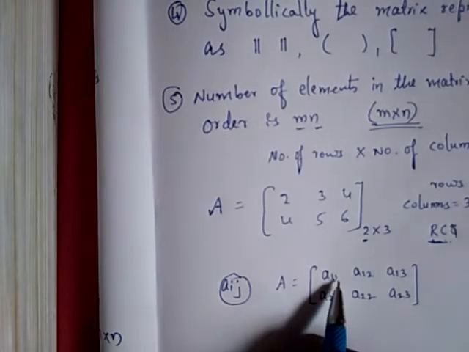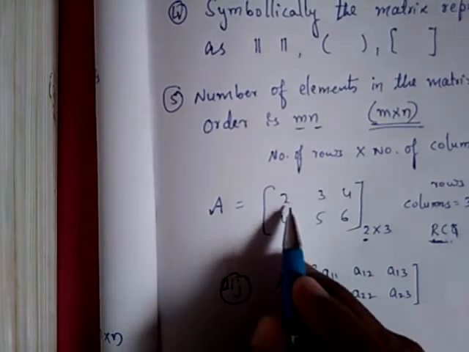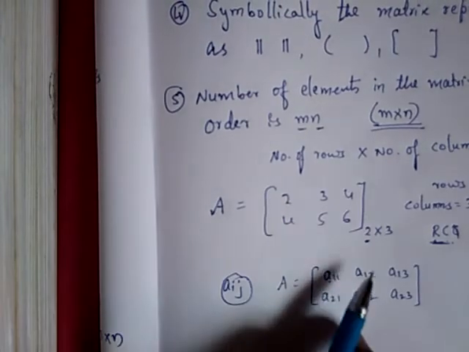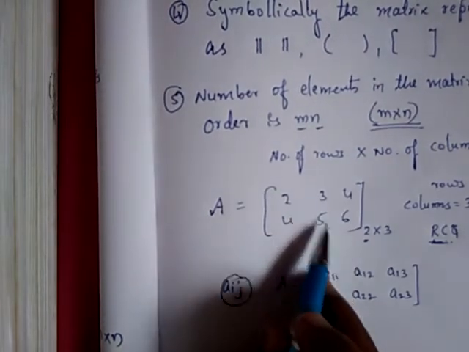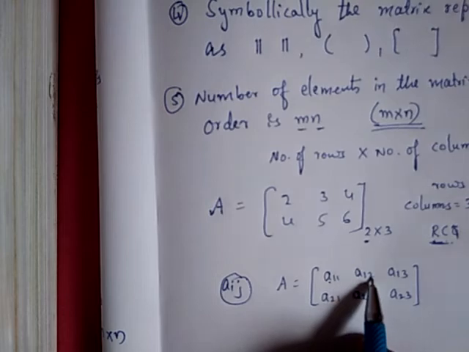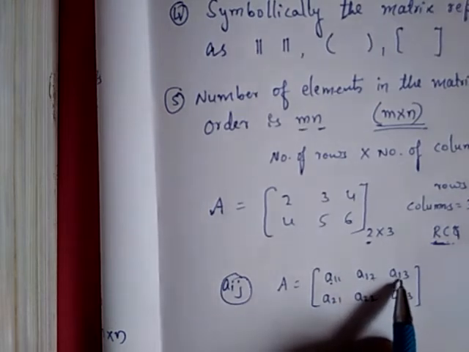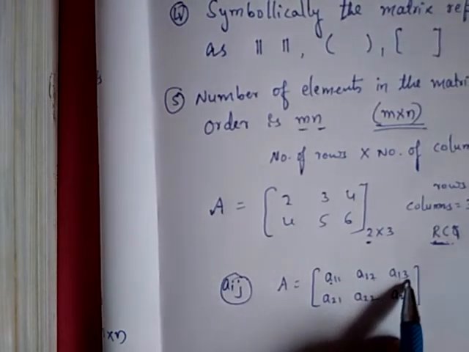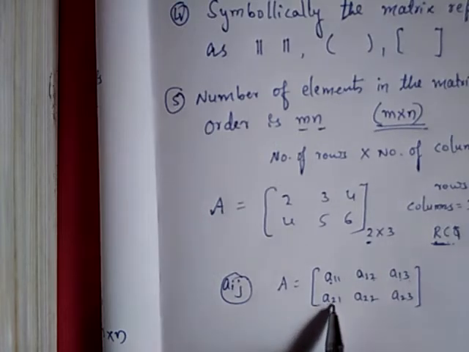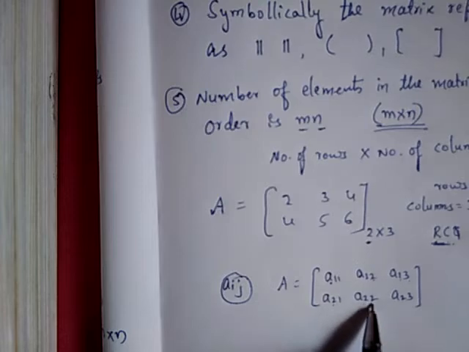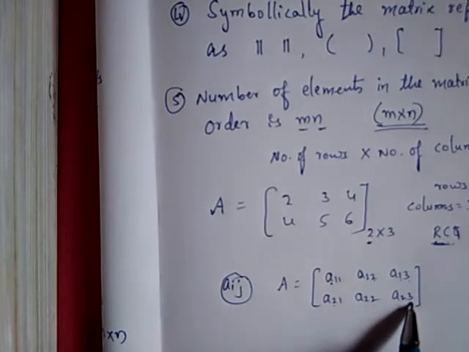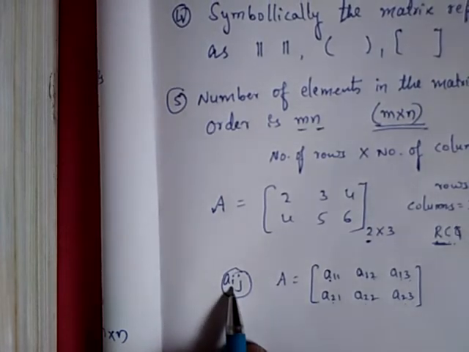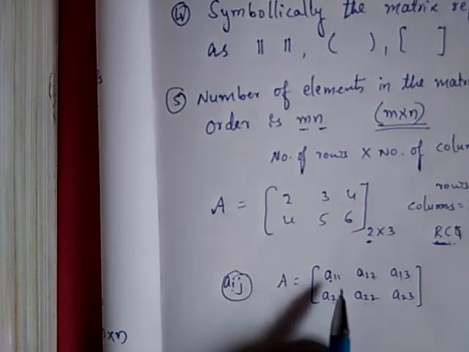First row, first column. A11 will be here 2, A12 will be 3. How? First row, second column. A13 is first row, third column. This is second row, first column, second row, second column, second row, third column. Here ith row, jth column, so like that we are taking.